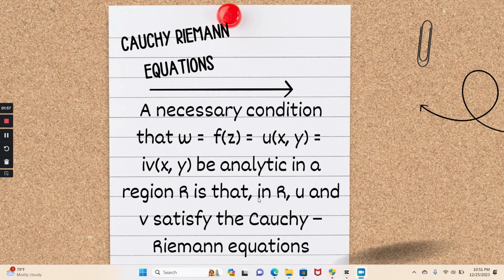So a necessary condition that w is equal to f of z is equal to u(x,y) plus iv(x,y) be analytic in a region R is that in R, u and v satisfy the Cauchy-Riemann equations.